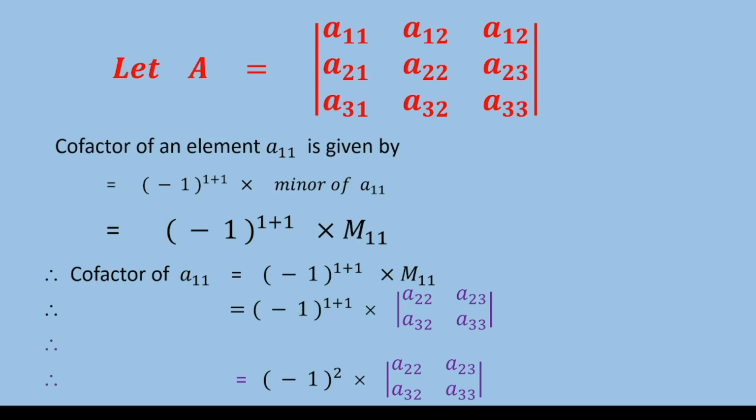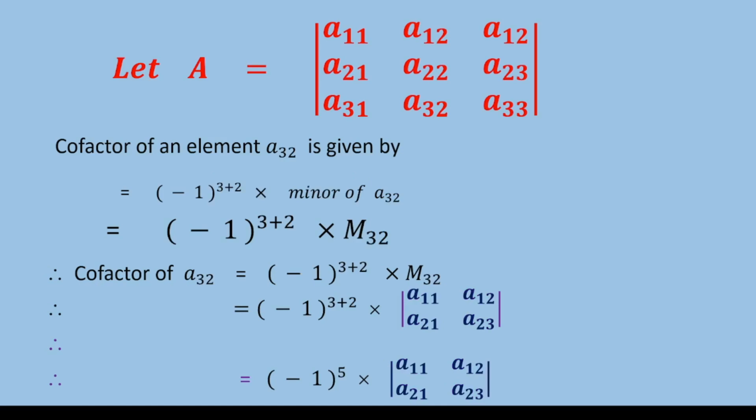The minor of A11 is given by A22, A23, A32 and A33. Therefore, finally, cofactor of A11 equals minus 1 whole square into the determinant of A22, A23, A32 and A33.